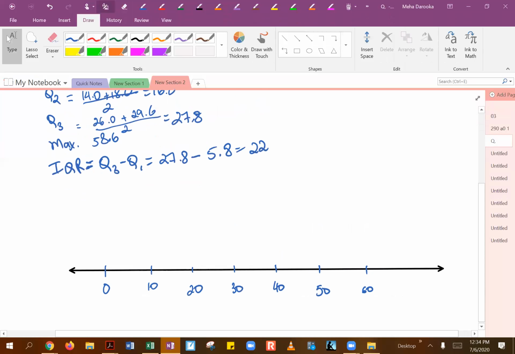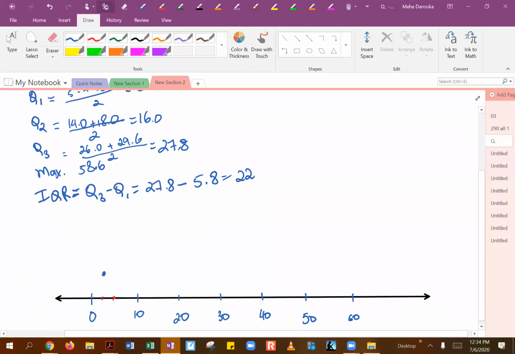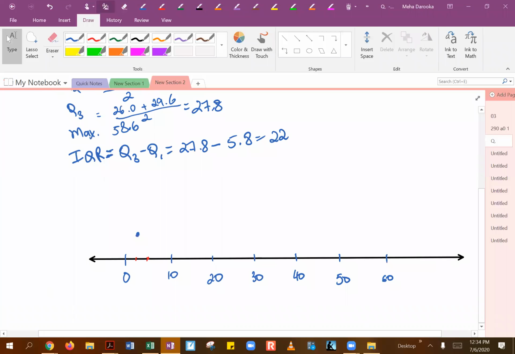So at 2.5, which just to kind of show you, halfway would be 5 and half of that would be 2.5. So we could do 2.5 over here. For quartile 1, we are at 5.8. So if 5 is the halfway mark, 5.8 is just a hair after that.